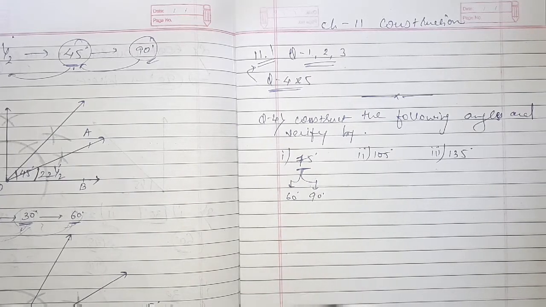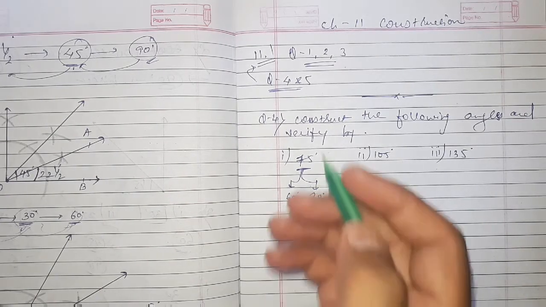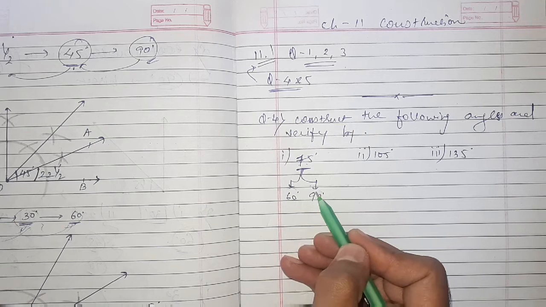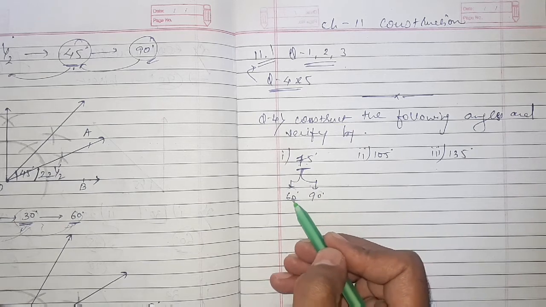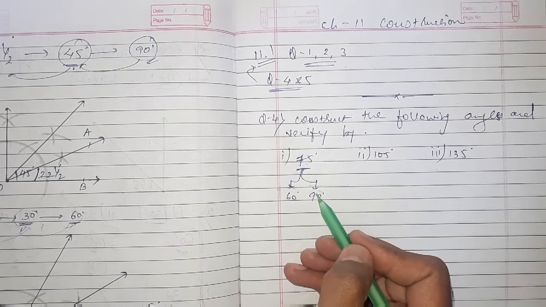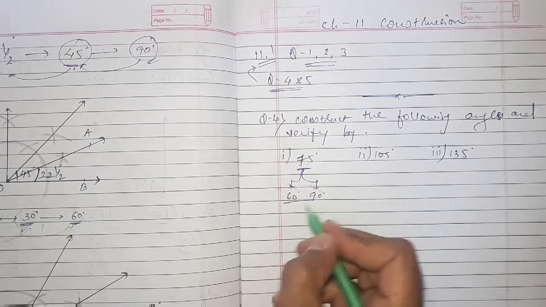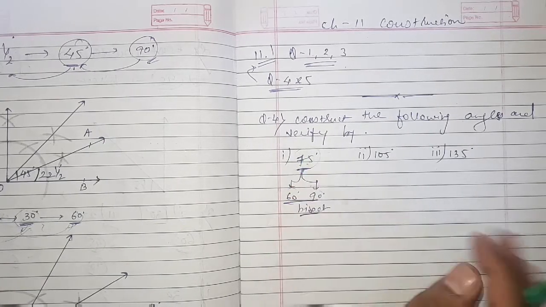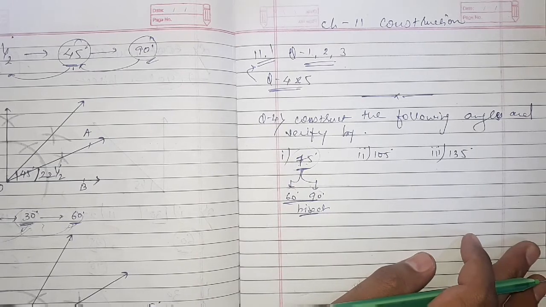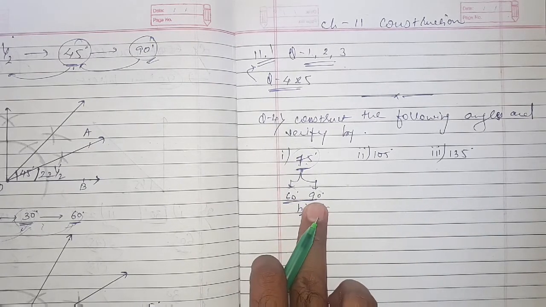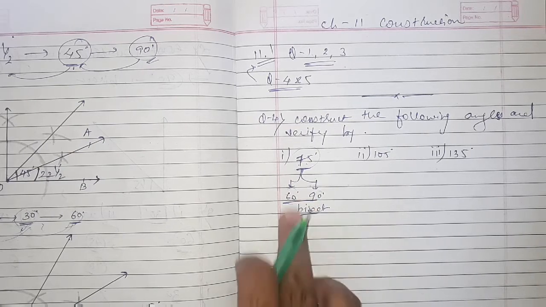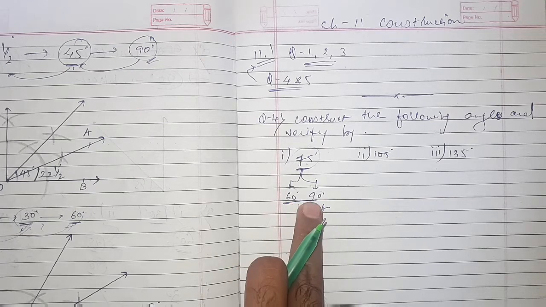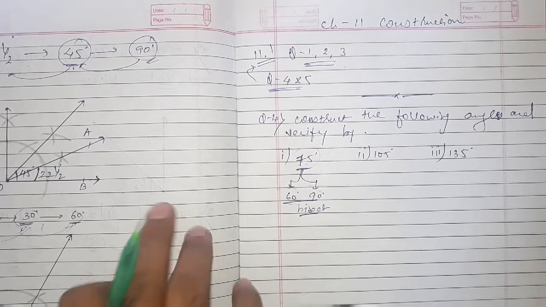We first construct 60 degree, then construct 90 degree, and bisect both of the angles. Because 60 plus 90 is 150, and 150 by 2 is 75. Therefore we bisect 60 degree and 90 degree, so we get 75 degree.